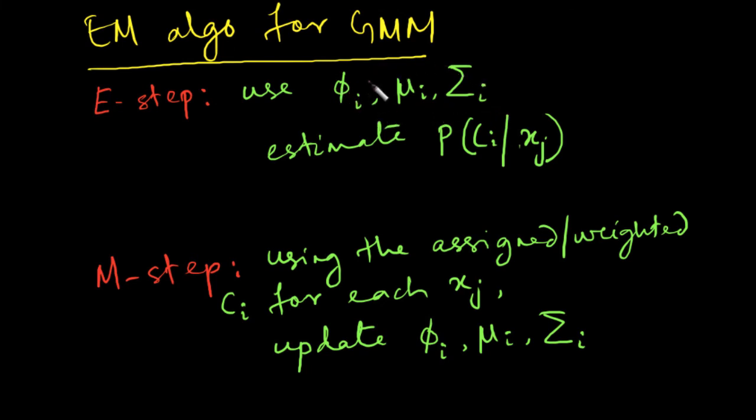Now here again remember, we are not going to pick up the class for which this probability is maximum. We are not doing that. We are leaving it as a probability estimate, because in the Gaussian mixture model we are doing a soft assignment. In the k-means clustering algorithm we did a hard assignment where we said that this data point belongs to this cluster, but here we are not doing that. We are only computing the probability.